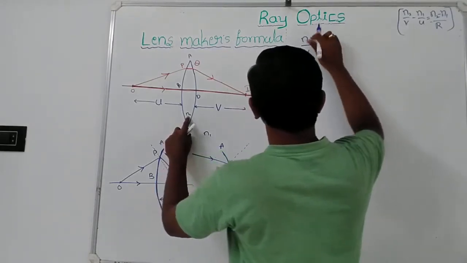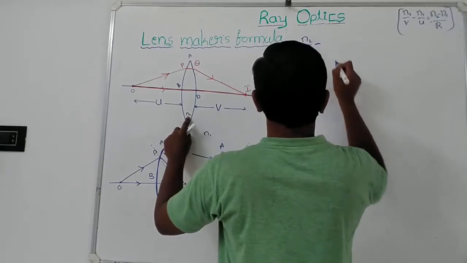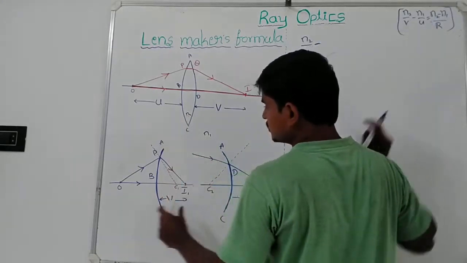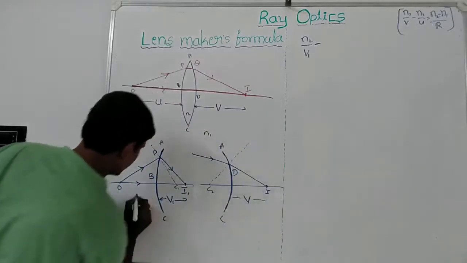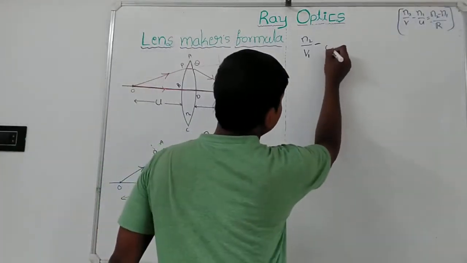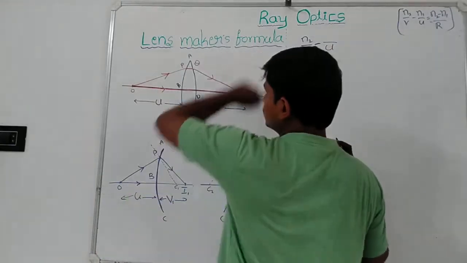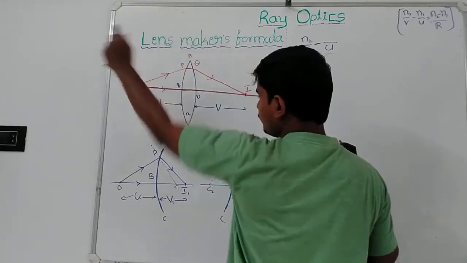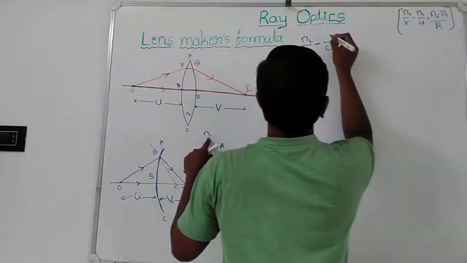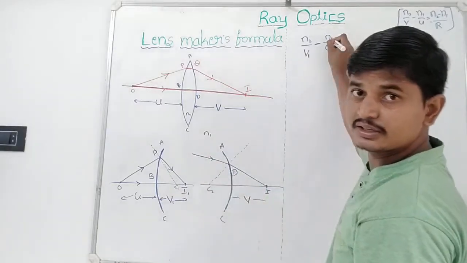Hence this is N2 by V1 minus, then the object distance is U, which is present in this rarer medium of refractive index N1.